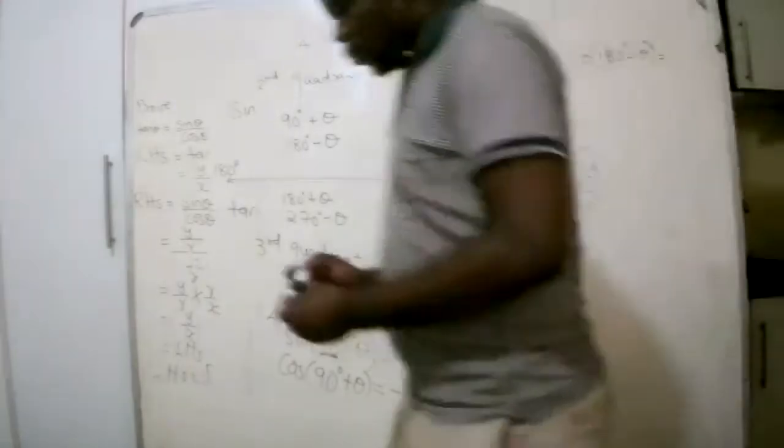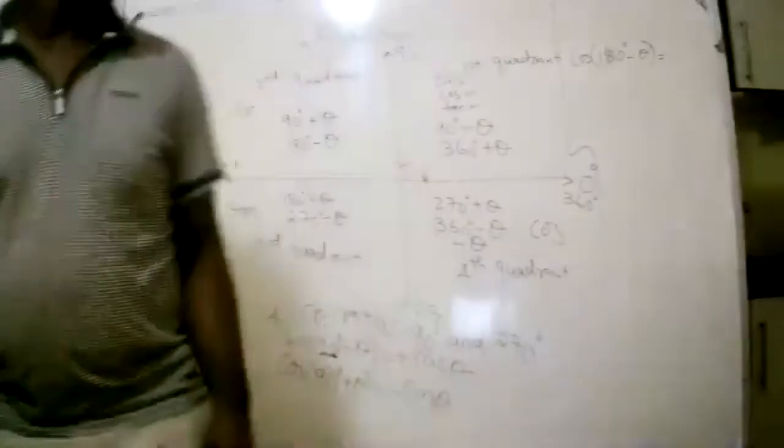Can any one of you tell me, where do we find 180 minus on the Cartesian plane? Second quadrant. And on the second quadrant, which one is positive? Sine, yes, very true.